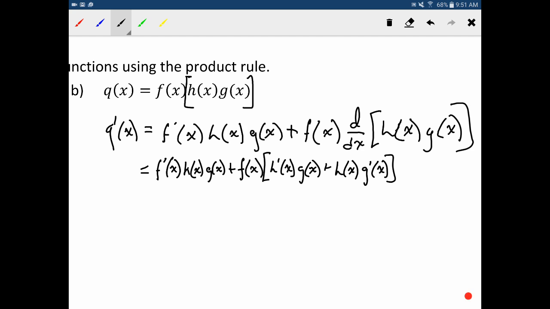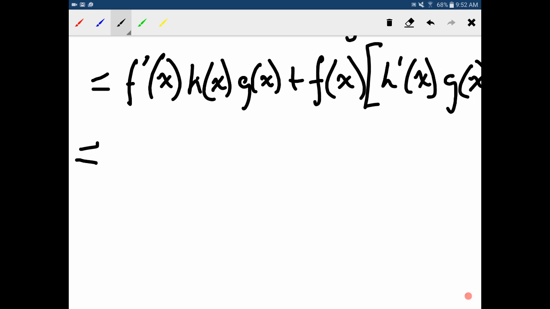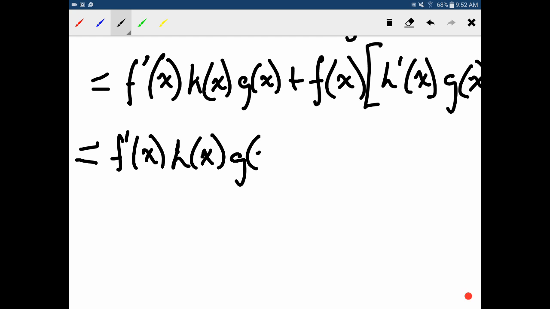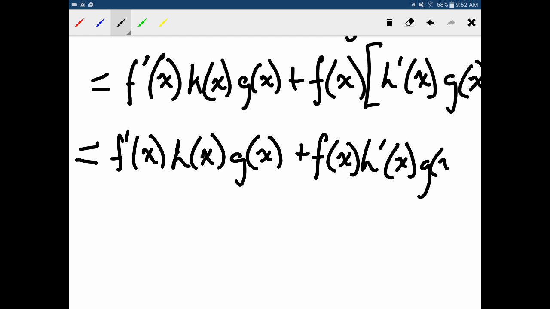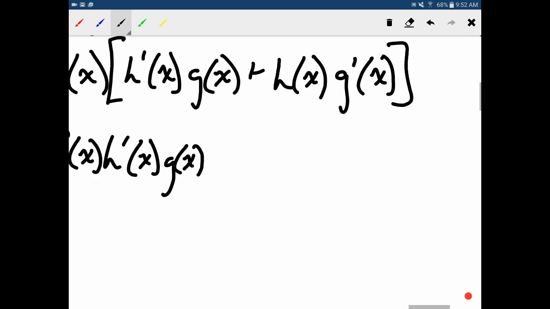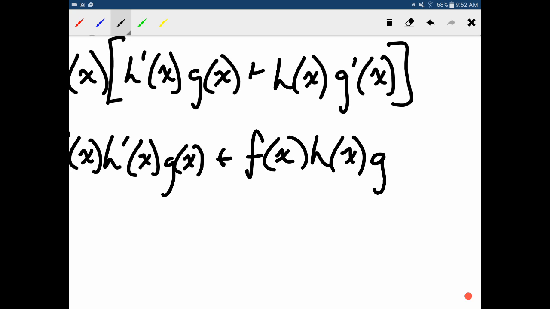So now I can expand the f of x into those brackets, and what I'll get is f prime of x times h of x, g of x, plus f of x, h prime of x, g of x, plus f of x, h of x, g prime of x, which actually kind of makes sense.